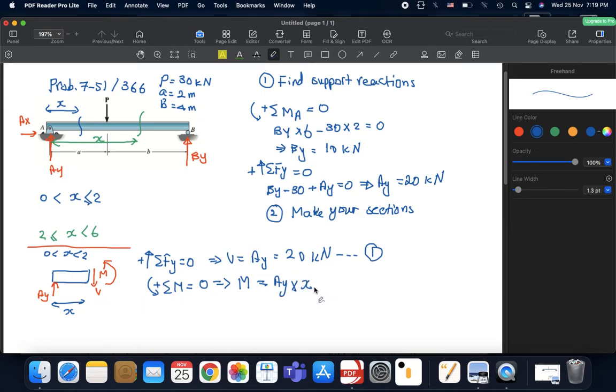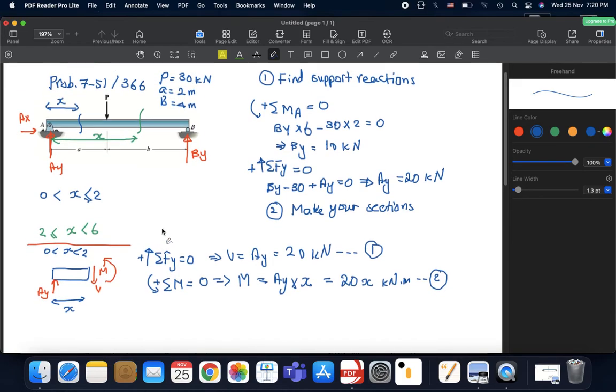It's any distance between 0 and 2 meters. So this is 20x kilonewton meters. This is equation 2. So we created our equations for V and M for distances between 0 and 2 meters. This is our first section.